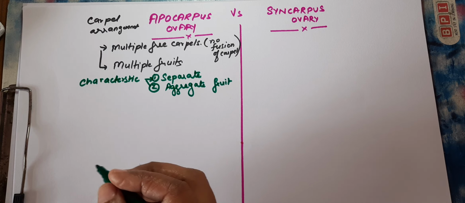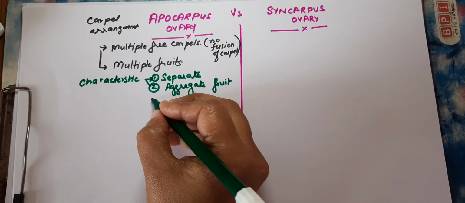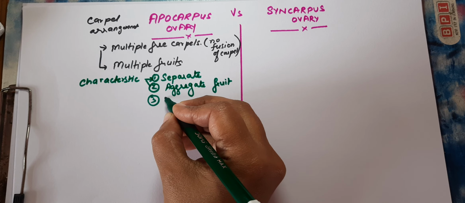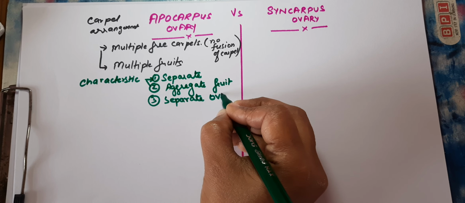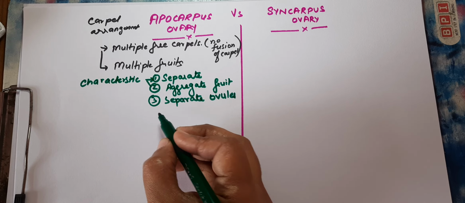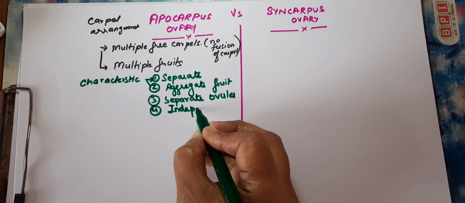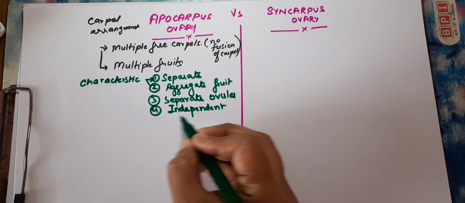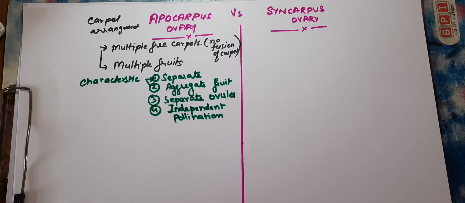Then, since the carpels are free, the ovules are housed separately, and there will be independent pollination also. So these are the main characteristics of the apocarpous ovary.